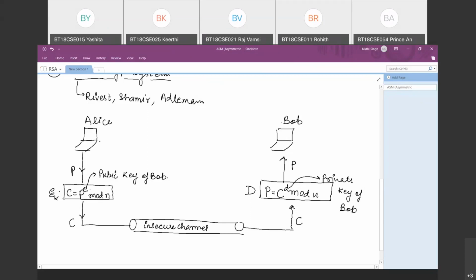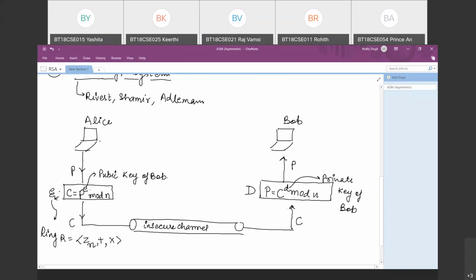Before moving towards it, I will state one thing: this C equal to P to the power E mod n, the encryption algorithm, is basically associated with the algebraic structure ring R, where my set of residues is Zn, and it is associated with two operations, plus and multiplication.